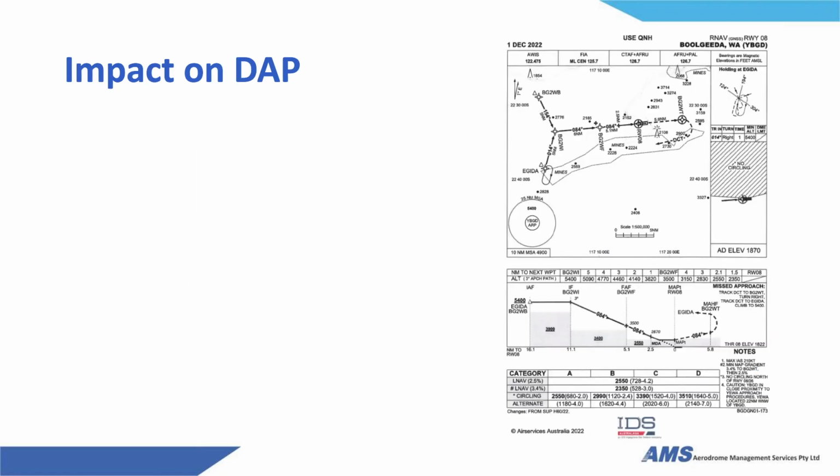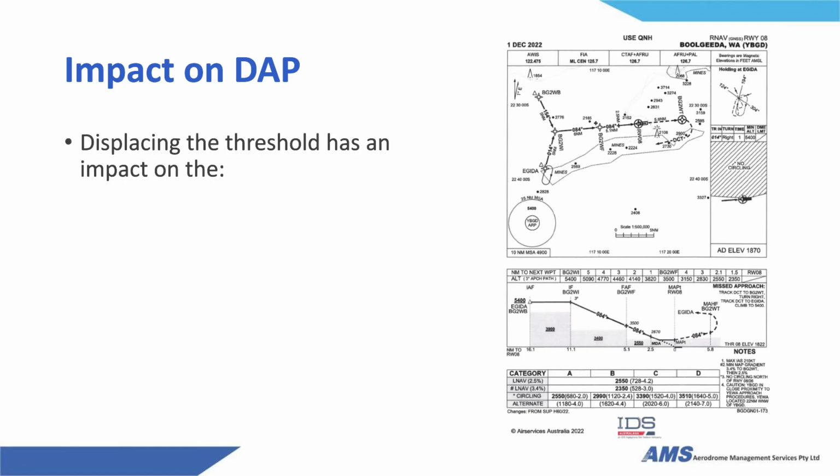It's also going to have an impact on our departure and approach procedures. So by displacing the threshold, we're having an impact on the approach point. Now the approach point is where the pilot begins his 3-degree approach to the runway. We're also going to have an impact on the touchdown zone point of our approach procedure because we've moved it further down the runway.